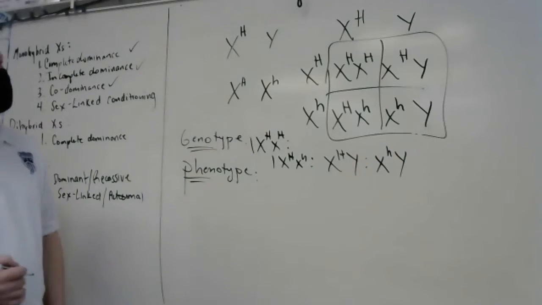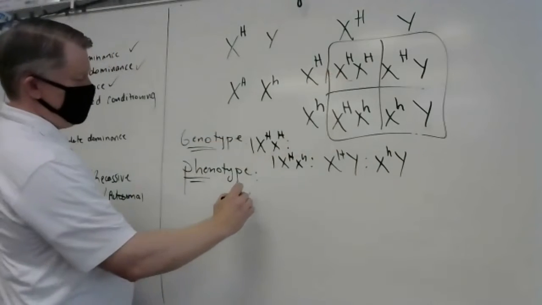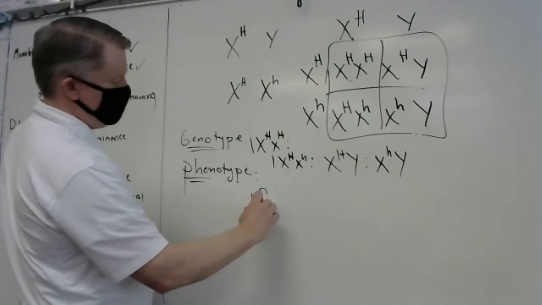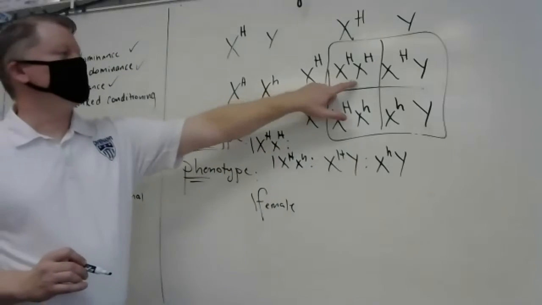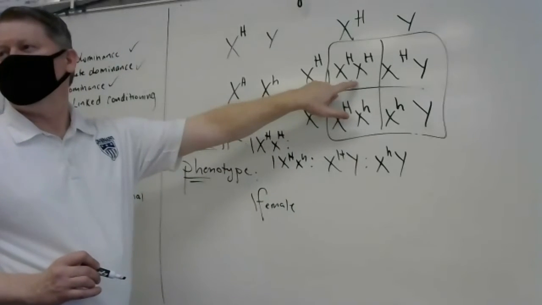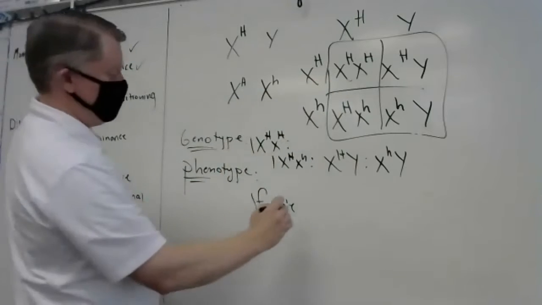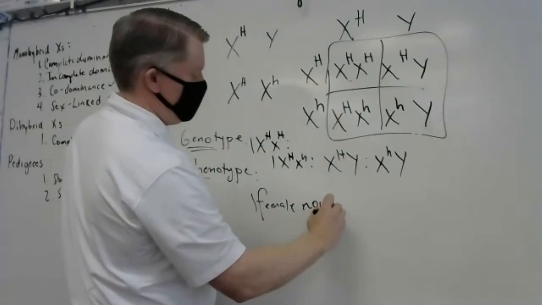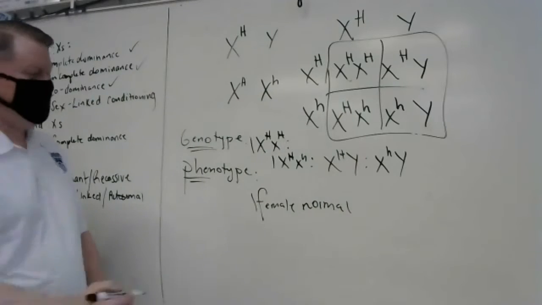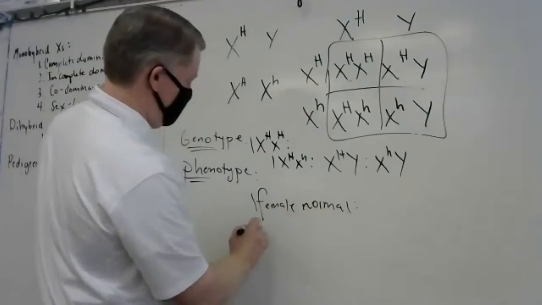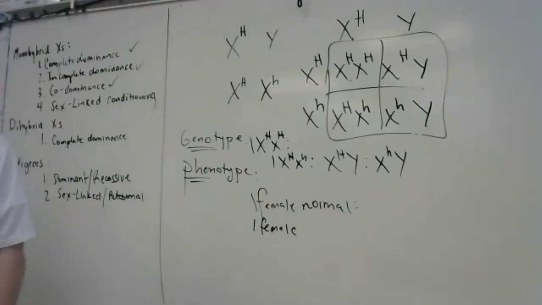Now phenotype, okay, now we got to consider more gender. So we say one female. How would you describe that? One female. What is she? Yeah, one female and say normal. We're assuming normal in this condition, right? Okay. One female normal. One female. Now, if you want to use the universal symbols for male, female, you can do that.